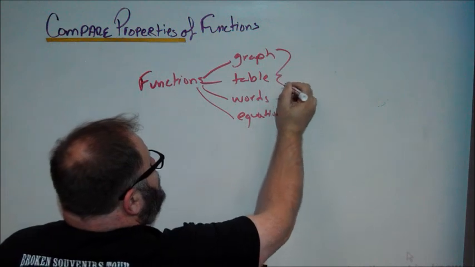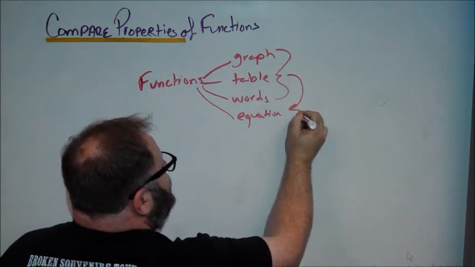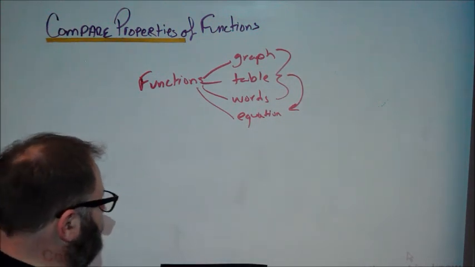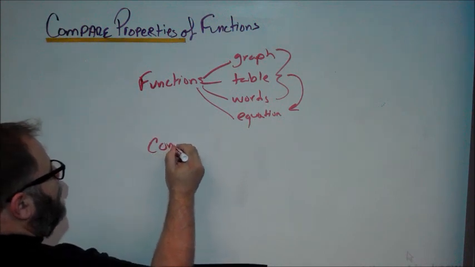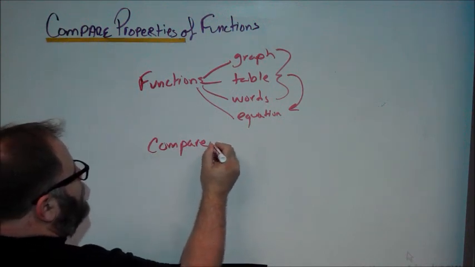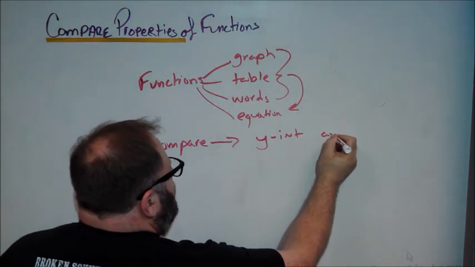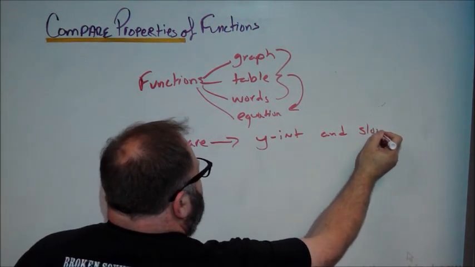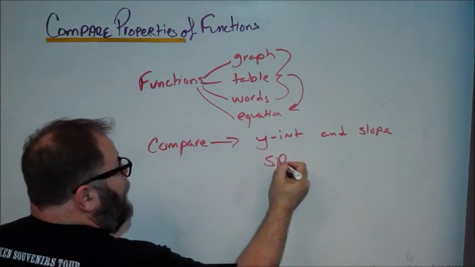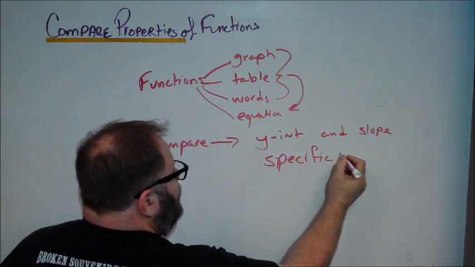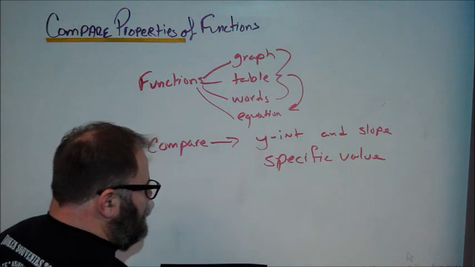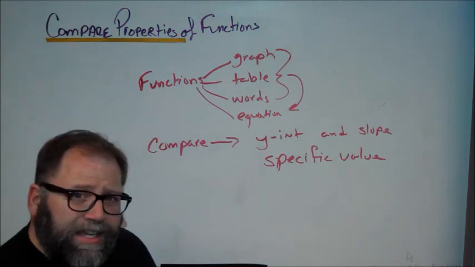If we have these, we've got to turn them into an equation for us to be able to compare them. When we are comparing the properties of functions, we're looking at the y-intercept and the slope and maybe a specific value. And I think that's it.